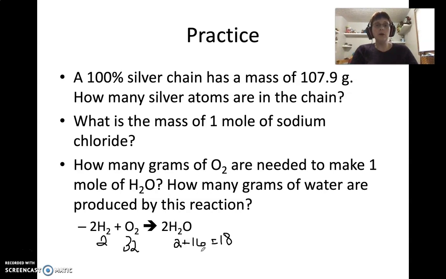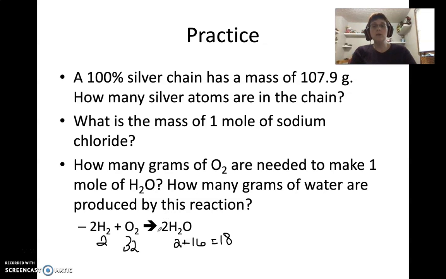So we've got the molar masses for each of the compounds, and we know how many moles this reaction makes of everything. So now we can go back to the question. How many grams of oxygen are needed to make 1 mole of water? The equation tells us that we're making 2 moles of water to every 1 mole of oxygen, right? So if we only want to make 1 mole of water, and this is where I was talking about how this is helpful if we don't want to make as much, we need to know how much we need of another ingredient.